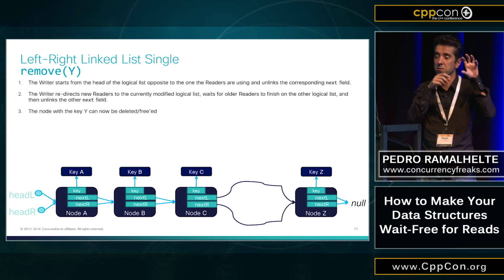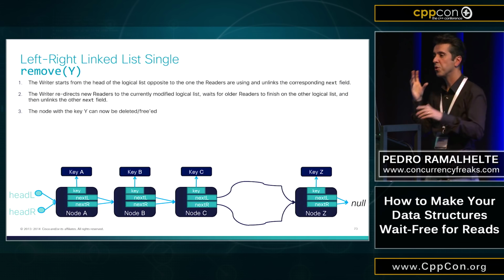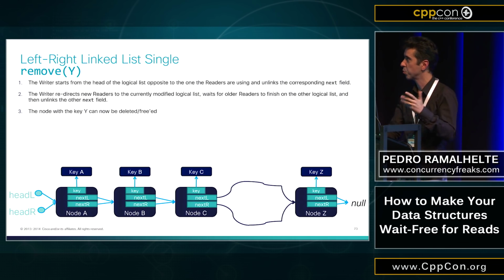Because it's the same node, you just go over to the node, remove it, wait for the readers, and then unlink the other part. So unlink one part, unlink the other. You don't do the same job twice, just once. And obviously, this is much faster. It's still blocking for insertions and removals, but it's wait-free for readers.